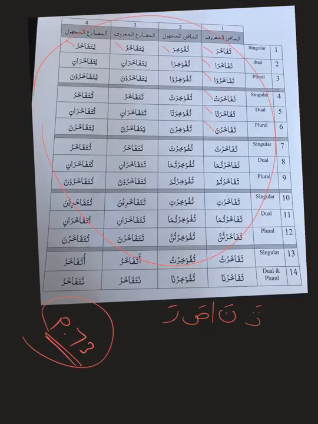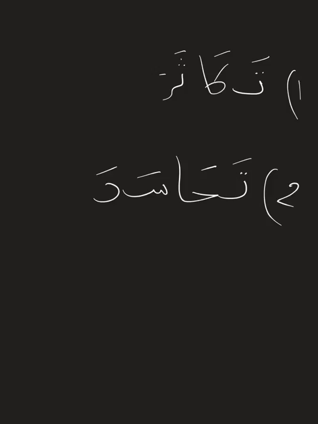So please do pause the video now and first practice this entire page 73. It could take 5 minutes, 10 minutes, but do pause and practice. And also a reminder that this video, you need to watch it several times and go over the work so you become confident. So the first verb I would like you to use, in addition to tafakhara, which is on page 73, is takathara. Takathara yatakatharu.